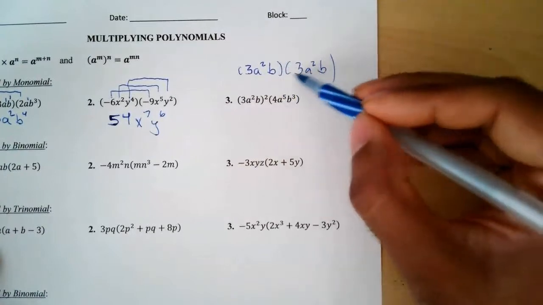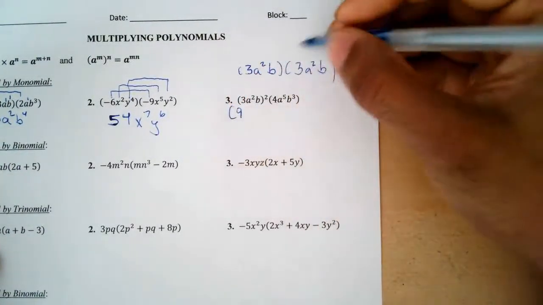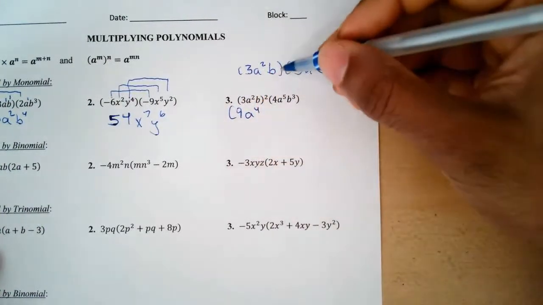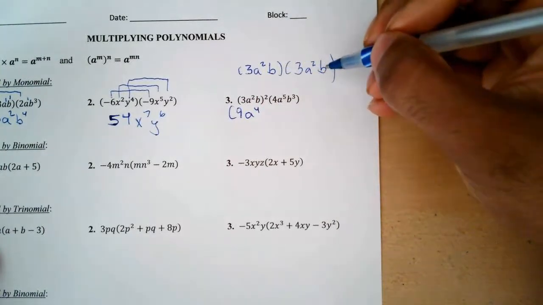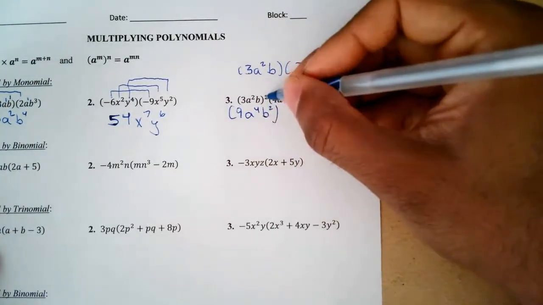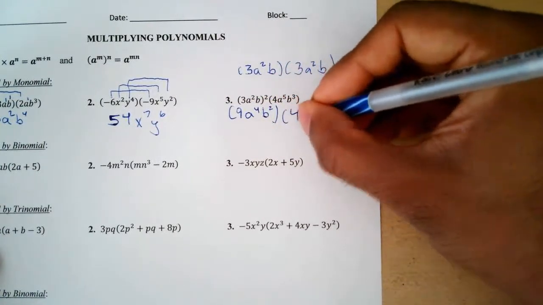So 3 times 3 is 9. a2 and a2 is a4. And then b1 and b1 is b2, right? So we did this part first, and now we're going to do the second. Let's write it down again.